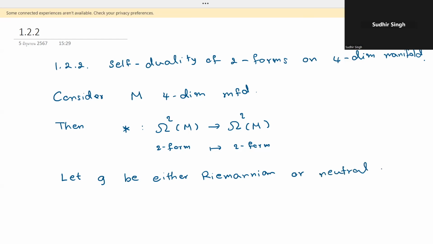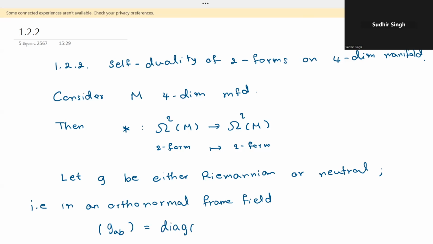By this I mean that in an orthonormal frame field, g_ab, this matrix is the diagonal matrix of 1, 1, 1, 1. So this is the identity matrix.